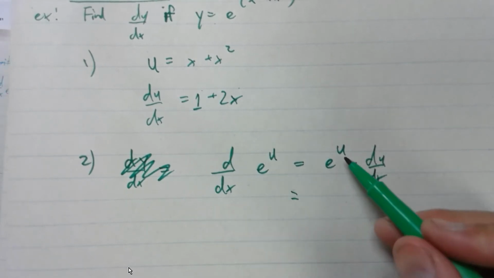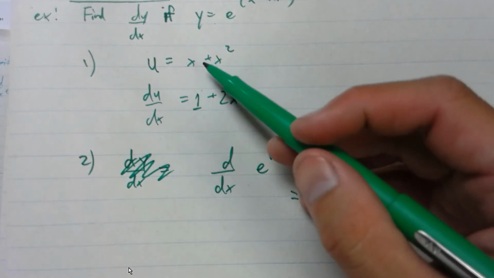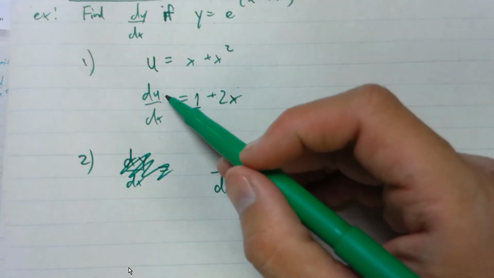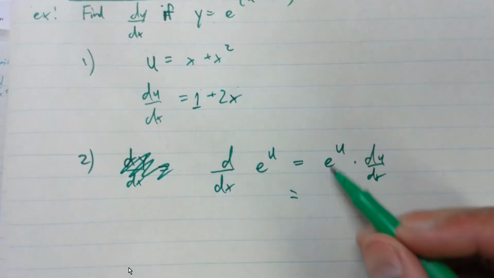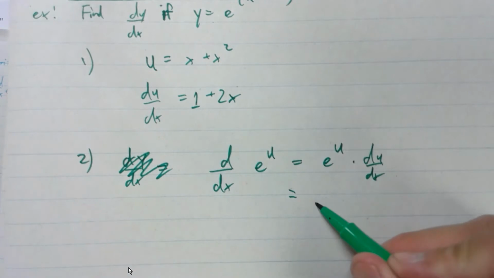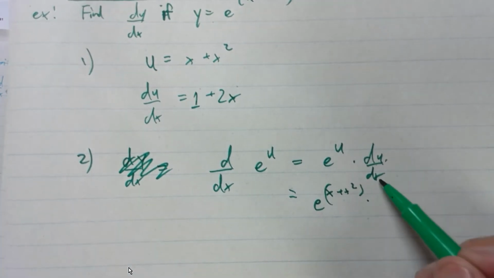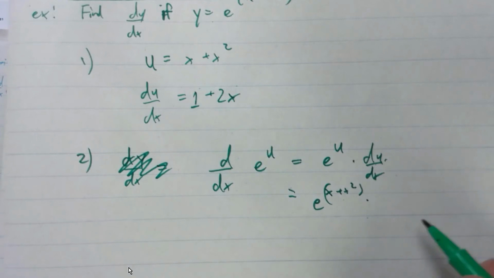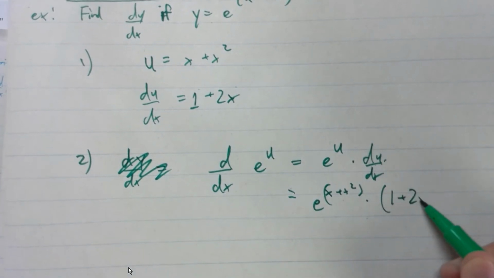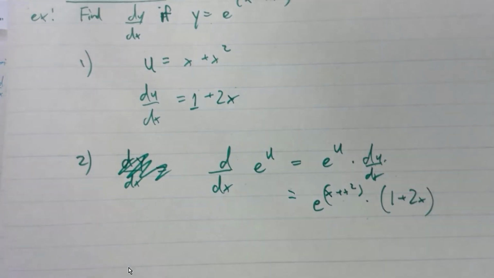And then you just substitute in what your original u and your du over dx is. u is x plus x squared. So you write in e to the x plus x squared times du over dx. Well, we established that as 1 plus 2x. That's it. That's all you had to do. Simple as that. Okay.